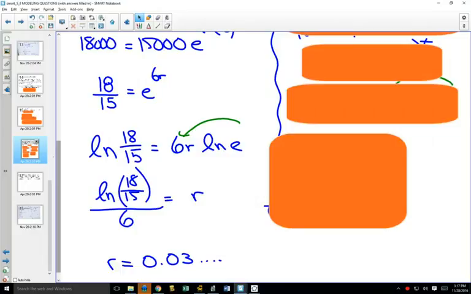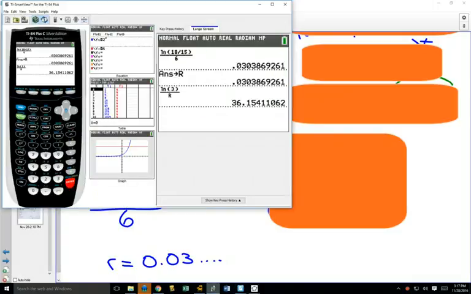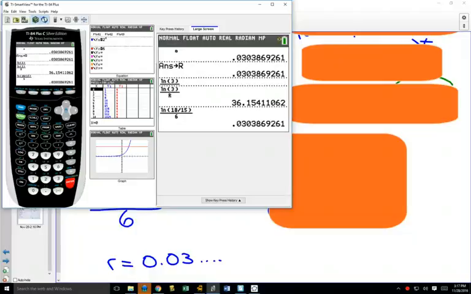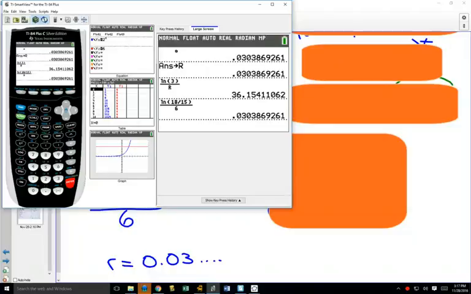Here is the approximation for r from my calculator. I kept the dots to say that I'm going to keep all the decimal places. So I'm going to go to my calculator and type in natural log of 18 divided by 15, all divided by 6. I'm going to push enter, get that value, and store all of those decimal places, and I'm actually going to use the letter R for it.